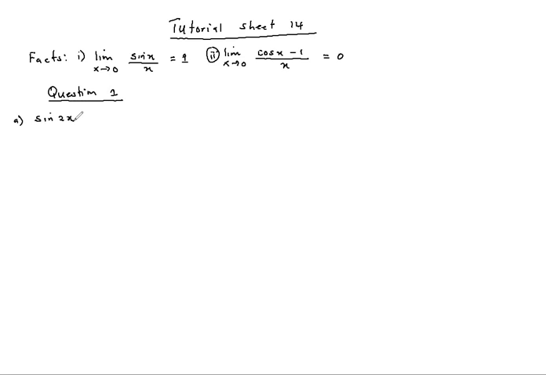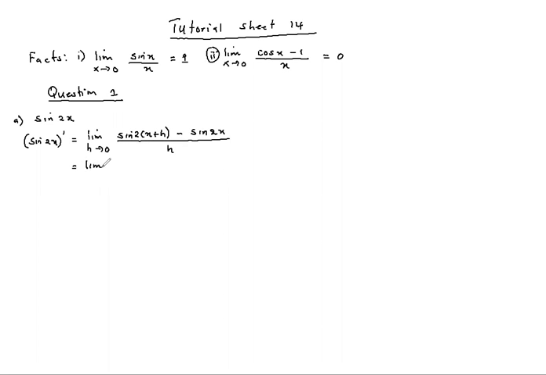So you say the derivative of sine 2x, which you can denote by this prime, is equal to the limit as h goes to 0 by first principle of sine 2(x plus h) minus sine 2x over h.